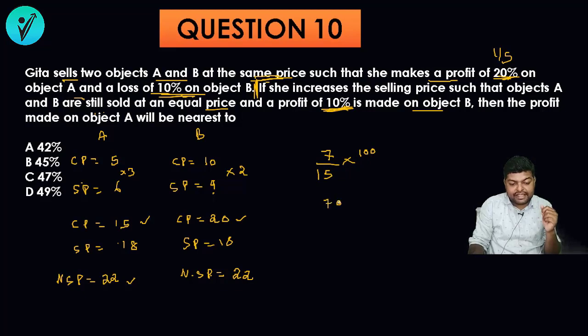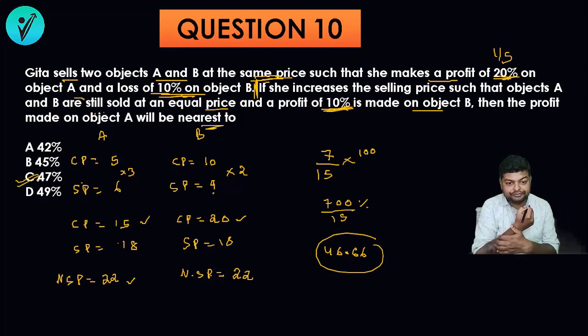So we'll be having 700 by 15%. तो पहले तो 4 टाइम्स में 60 हो गया, ओके 60 के बाद 100, सो 6 टाइम्स में, सो 46 पॉइंट, ओके सो फिर से 46, so we are getting 46.66 like this. So approximate, as we have to get the nearest, the nearest answer will be 47%. So for question number 10, the correct answer is 47%. Again, a very very doable question.